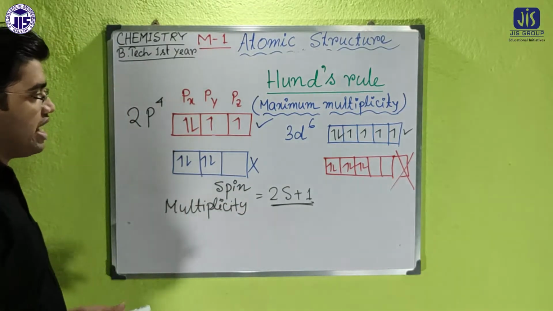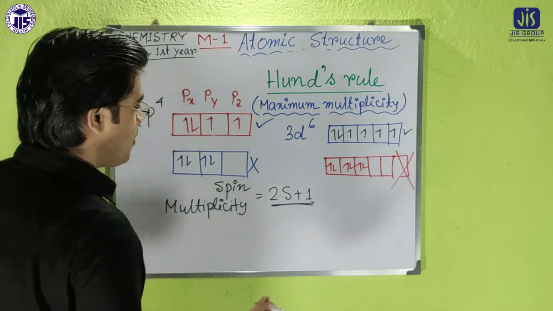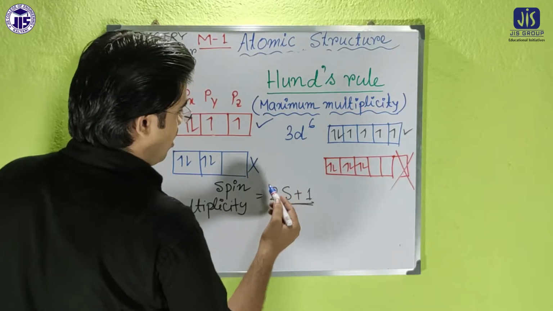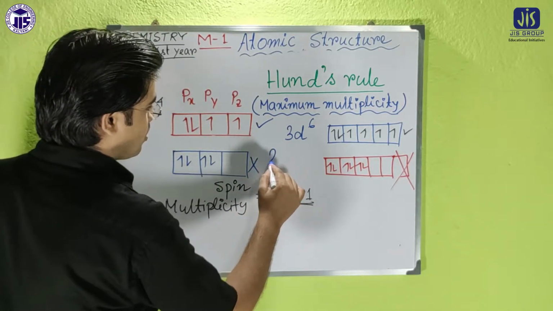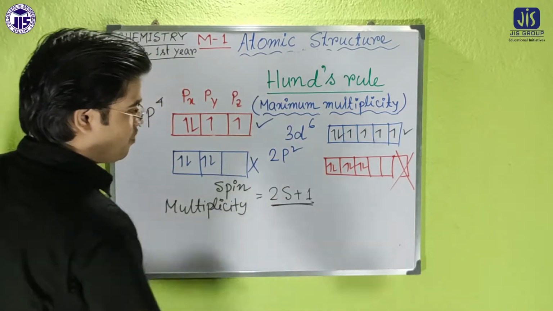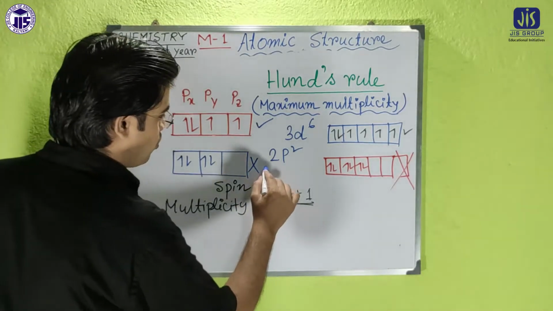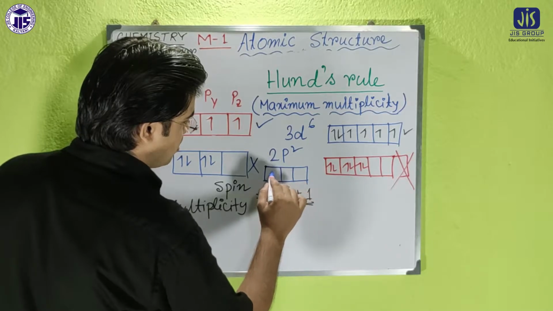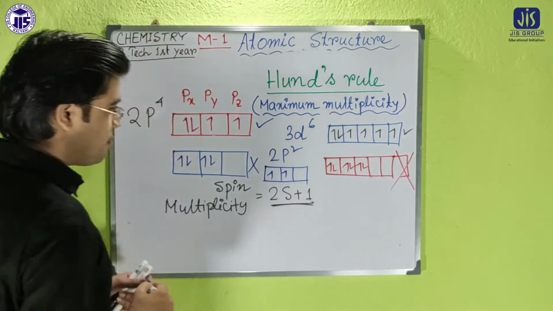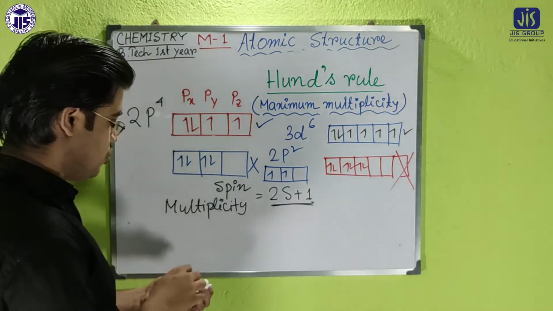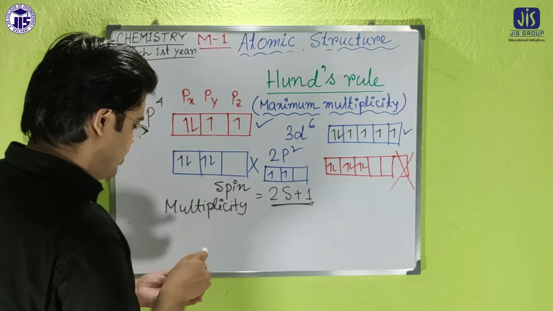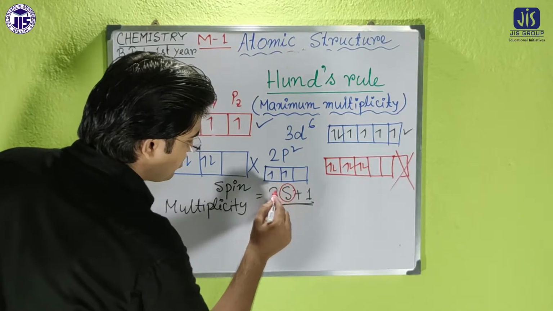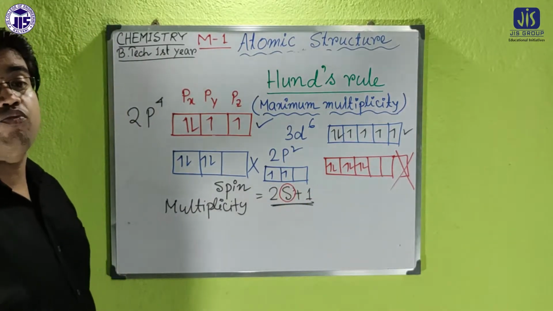I can give you an example for that case. For a general case, take 2p2. If we draw 2p2 like this, with one electron in each orbital, then I can put the values of S. What is S? S is the total spin quantum number.